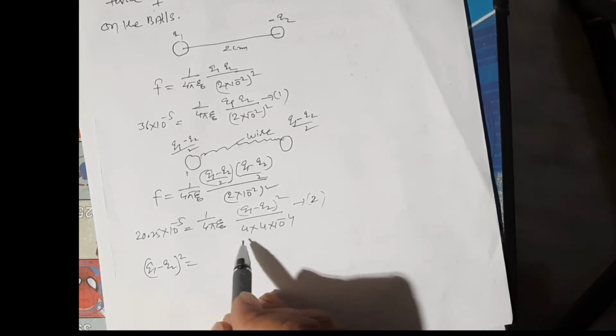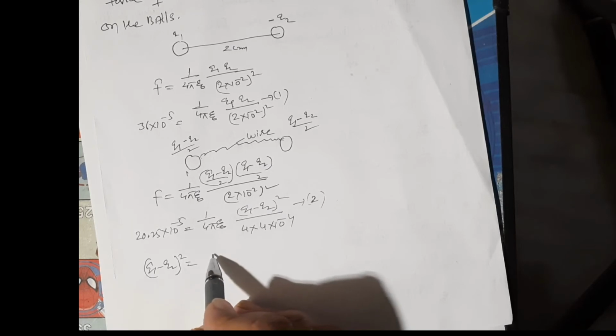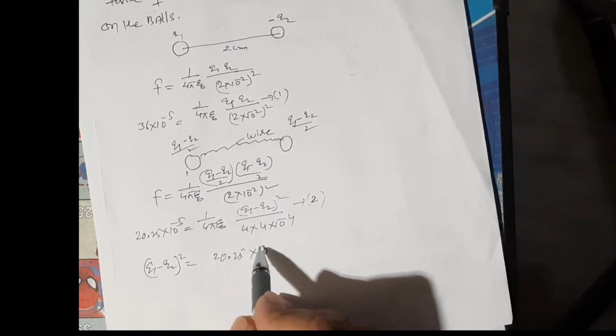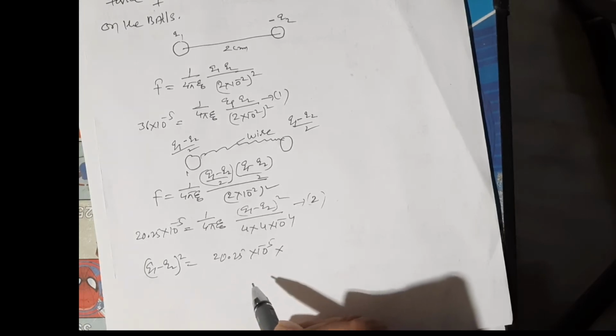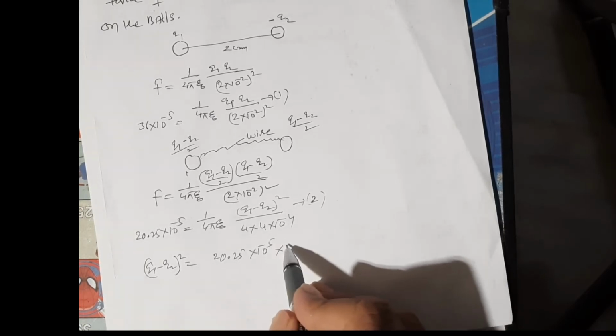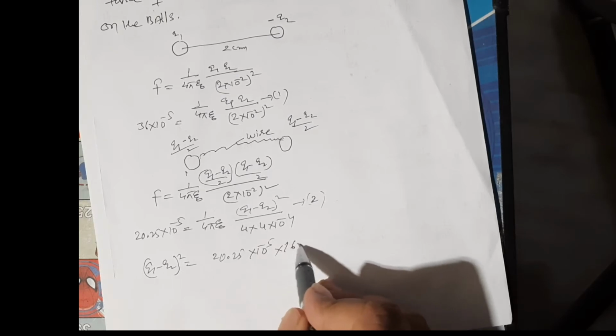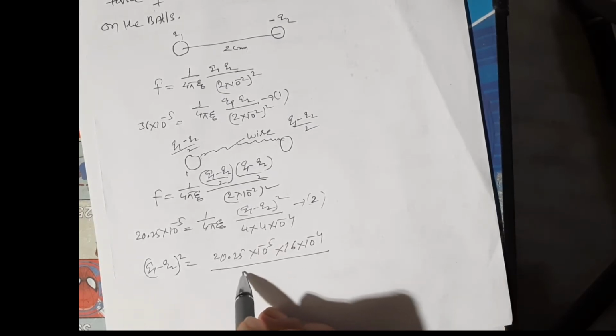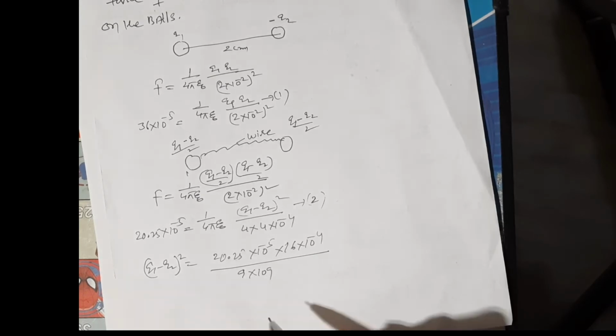So bring this term to this side, 20.25 into 10 to the power of minus 5 into, okay, 4 into 4 is equal to how much? 16. 16 into 10 to the power of minus 4 whole divided by 9 into 10 power 9.